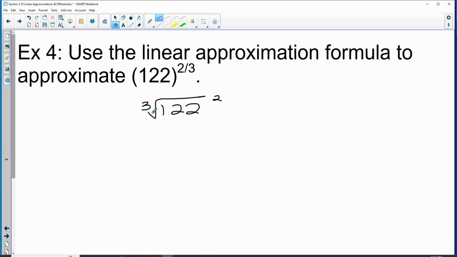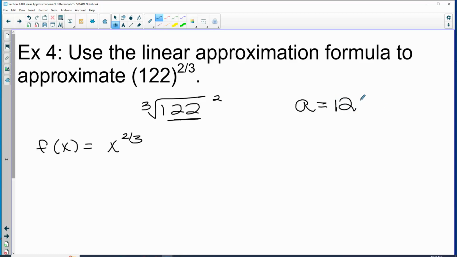Okay, so if I'm going to have a function, my x is taking the place of this thing. For derivative purposes, it's better to write it as the 2/3, but I need to see this for a second so I can take my a value. If I'm going to do this, a has to be something close to 122 that I could find the cube root of.